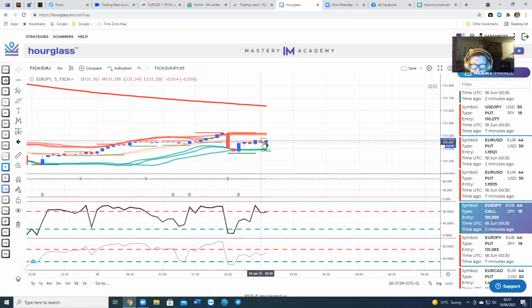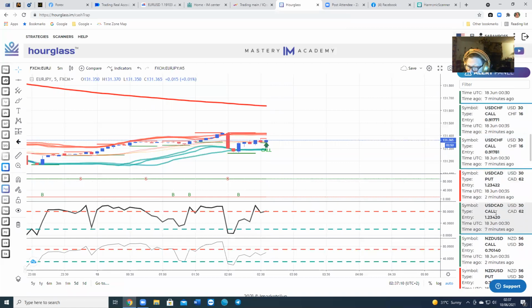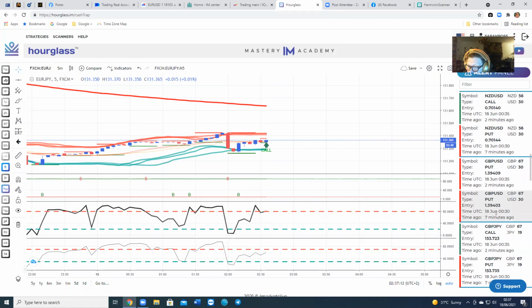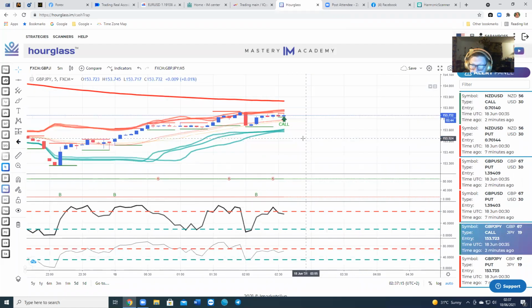Off that midline, not so keen on that. And let's come down to the last one I trade, GJ 67 against Japanese yen 19. Very low trading, and that's the one where we've got that buy scan.